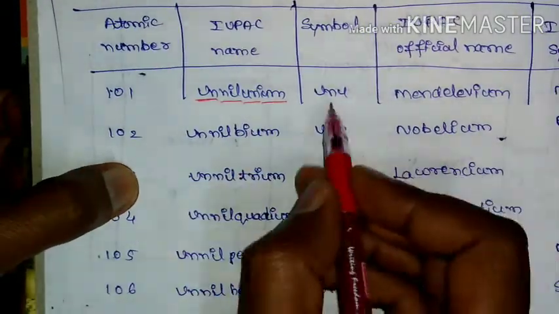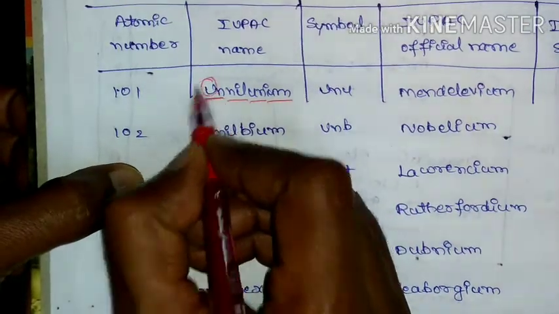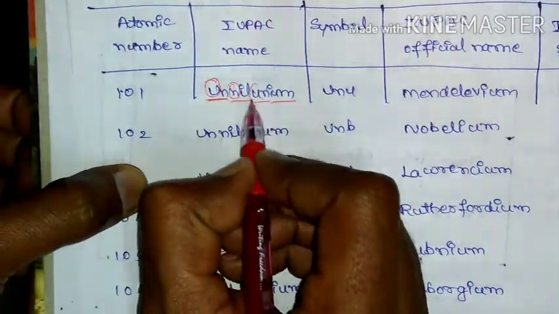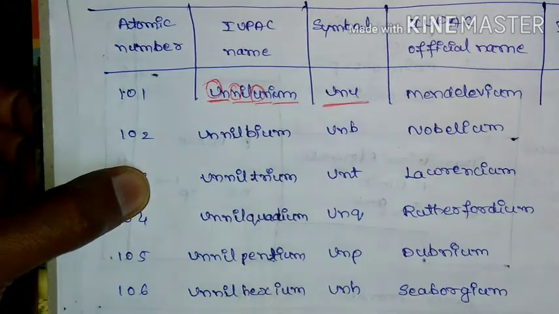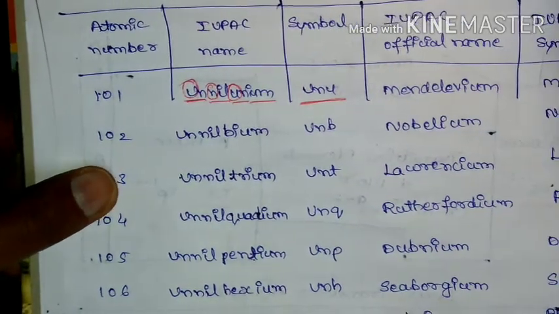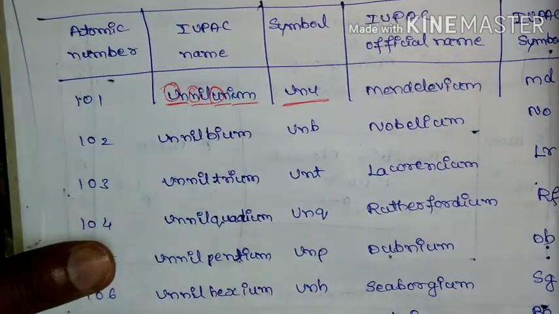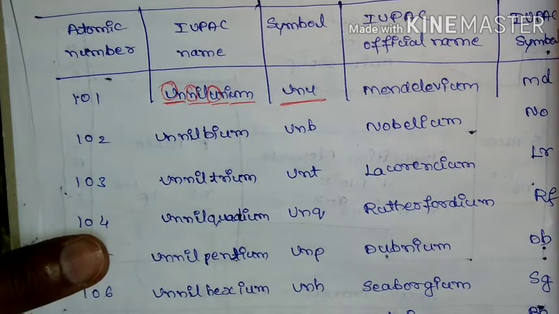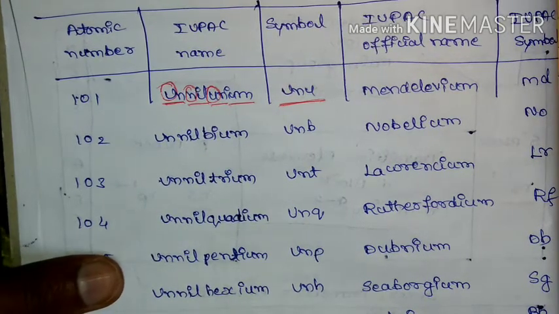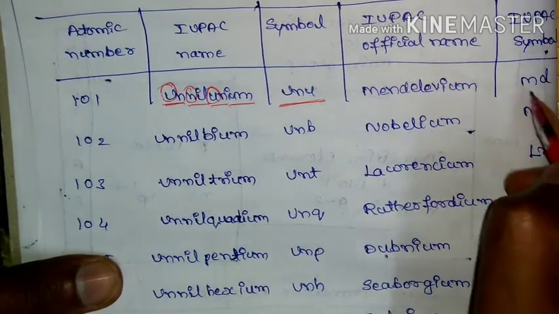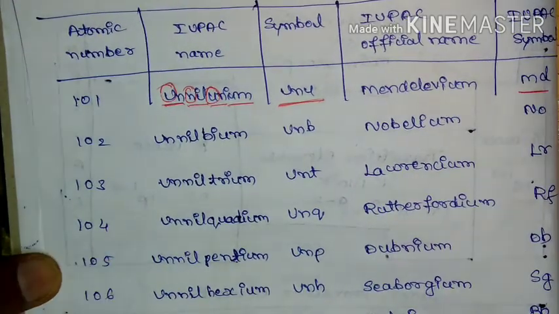The symbol is derived, that is U, N, U, and the IUPAC official name is Mendelevium, and the symbol is Md. Similarly, we have the remaining 17 elements, with both IUPAC name and official name along with their symbols.